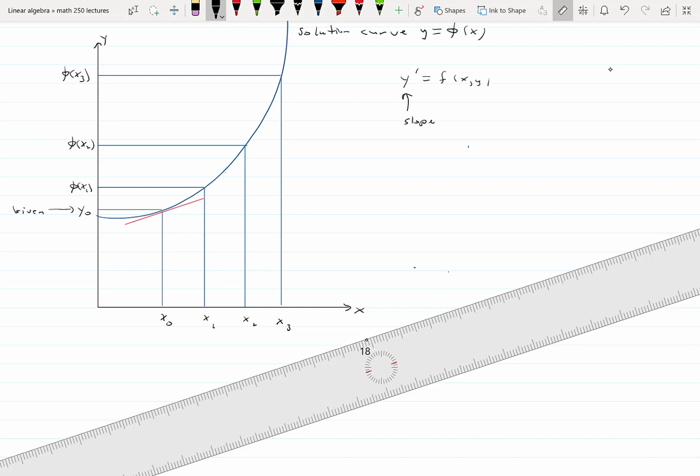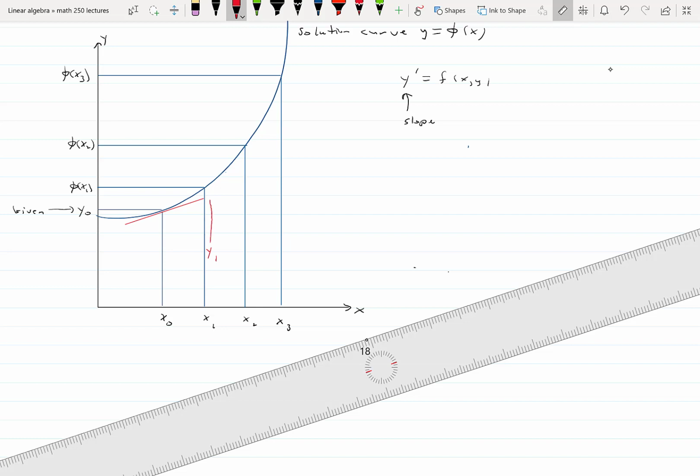The idea is to use that little red tangent line I've drawn at the previous point to estimate phi of x1. I'm going to use the y value at x1, but on the tangent line, to estimate my solution there. That tangent line approximation we're going to call y1.